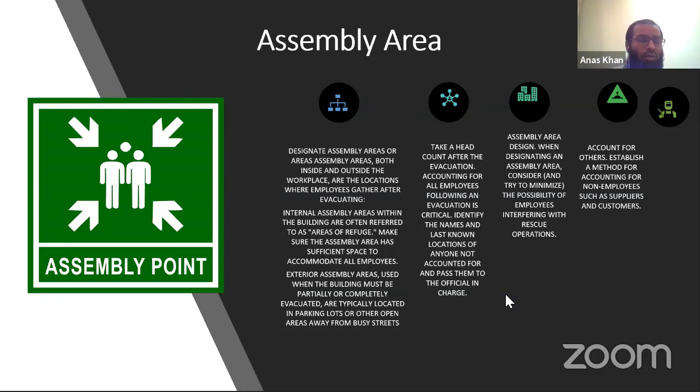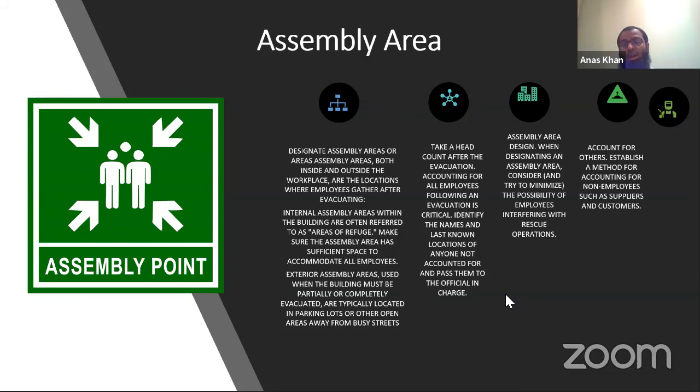The main thing when we design the assembly point is that you cannot place it just anywhere and say this is our assembly point. The important thing is to see the wind direction before announcing the assembly point.